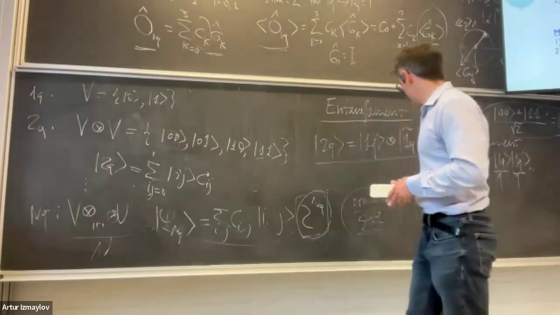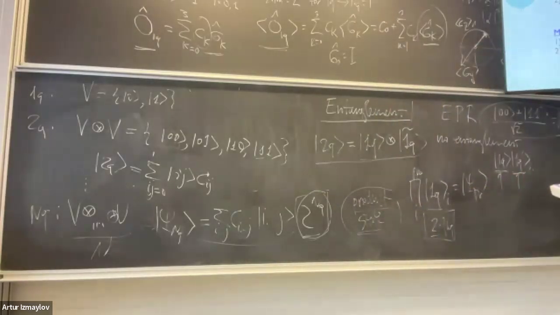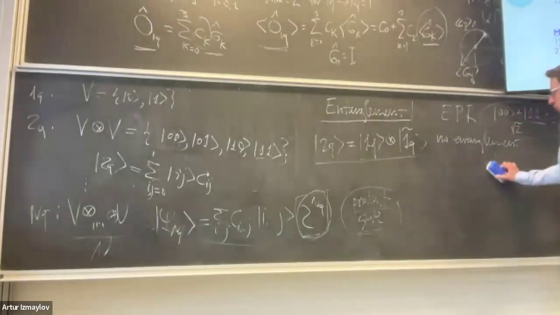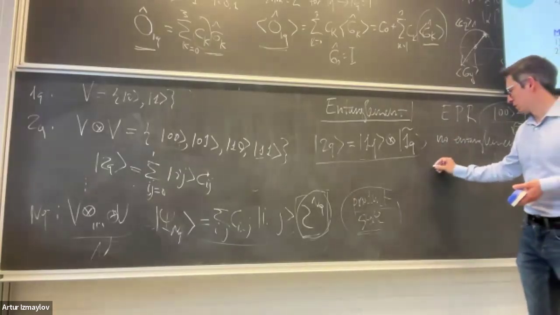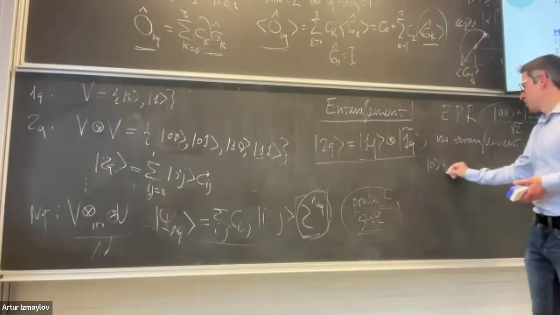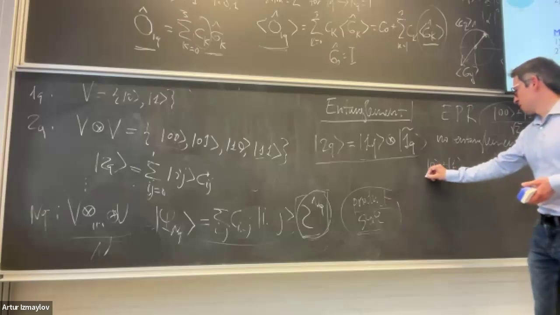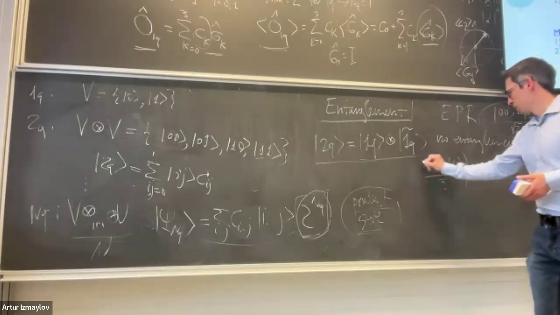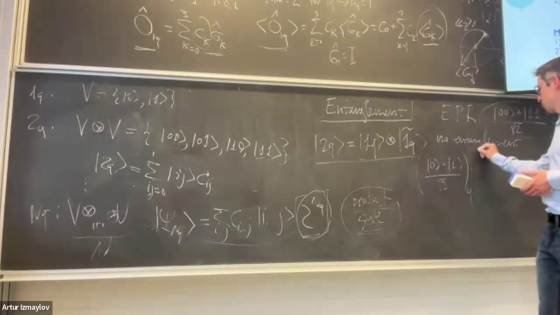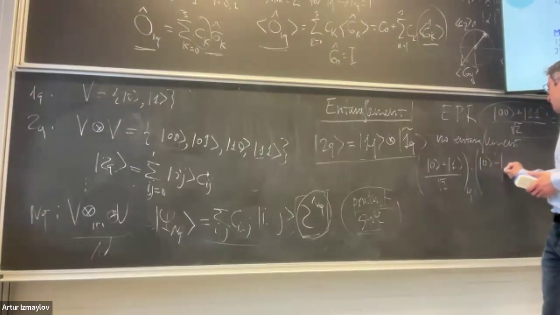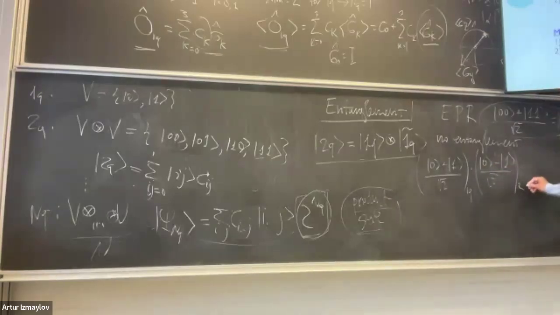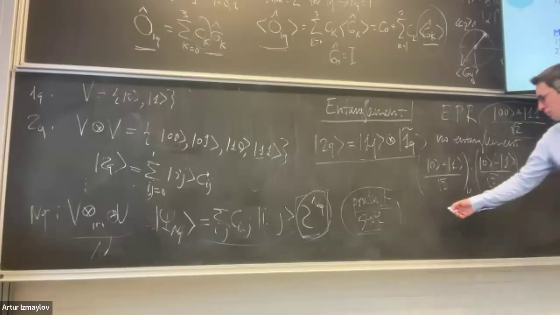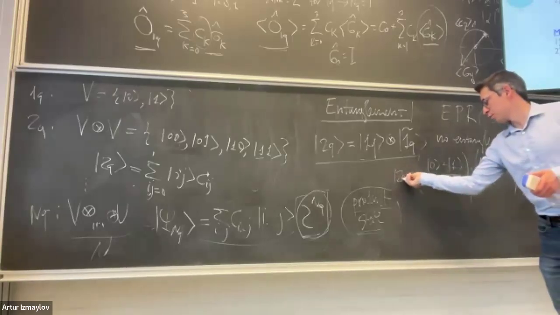To give you a very simple example, suppose we are dealing with a potential product state generated, let's say, by 0 plus 1 for the first qubit, product with 0 minus 1 for the second qubit. This is a 2-qubit state.